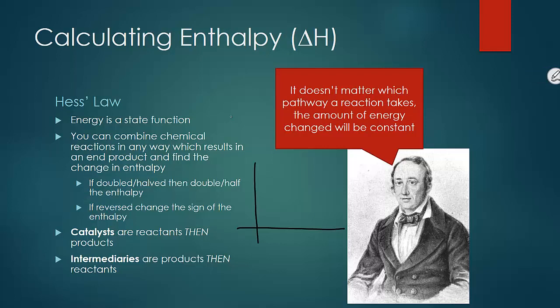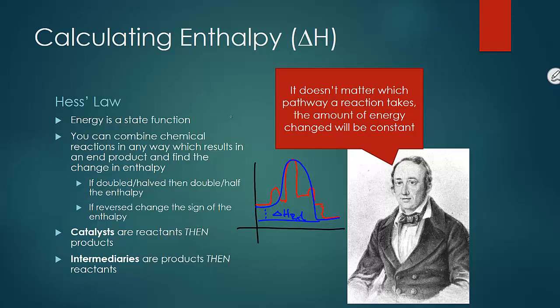So a reaction may have multiple steps with multiple activation energies, but at the end of the day, all that matters is the change in enthalpy between your reactants and products. So the heat of the reaction is simply that overall change. It doesn't really matter how many steps there are involved.